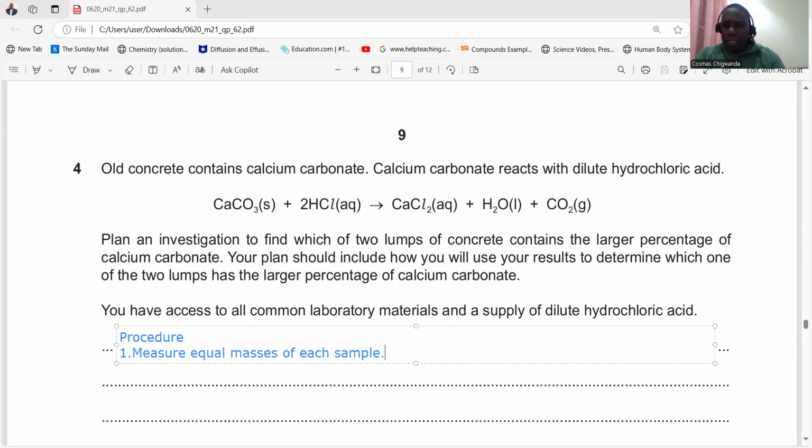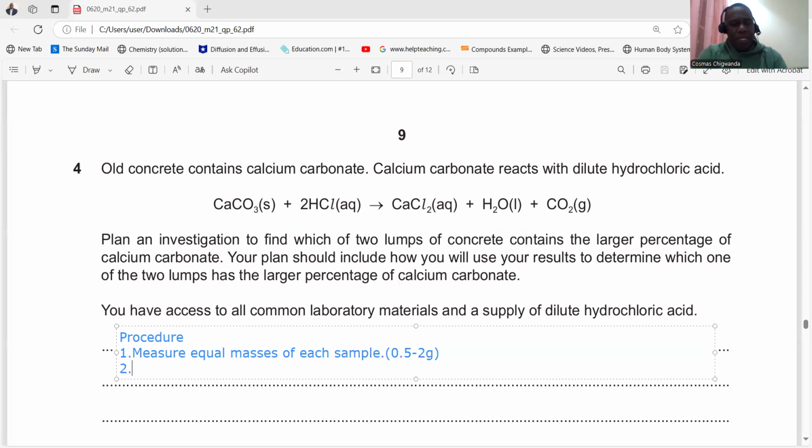We are going to say the masses are going to be the same. And what are we going to say here? In chemistry, we don't use very big masses. So you can say 0.5 to 2 grams. Any masses within this range should be acceptable, should be able to give us good marks here.